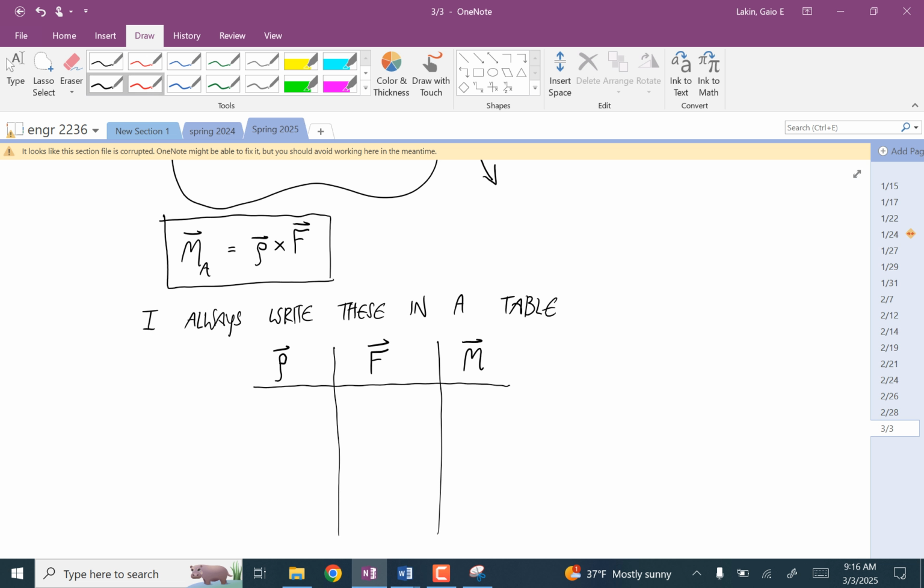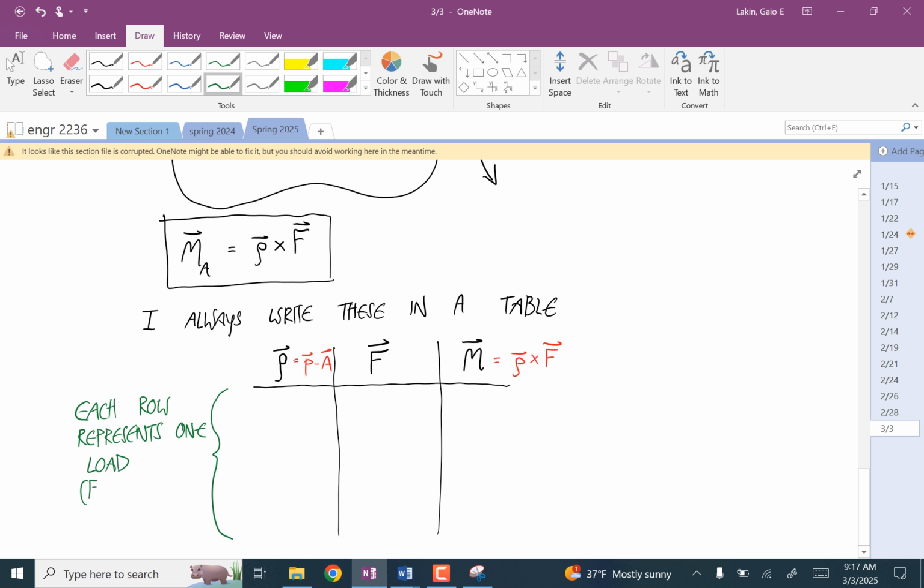The rho vector you can always calculate as P minus A, and the moment you calculate as rho cross F. Each row represents one load.